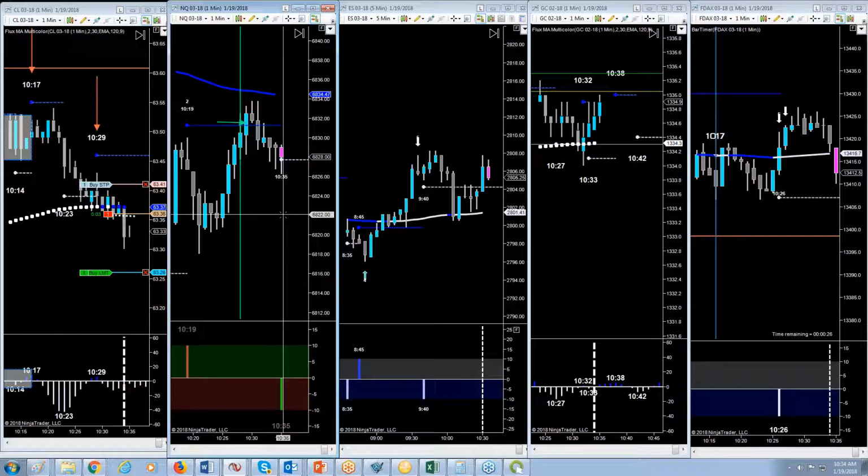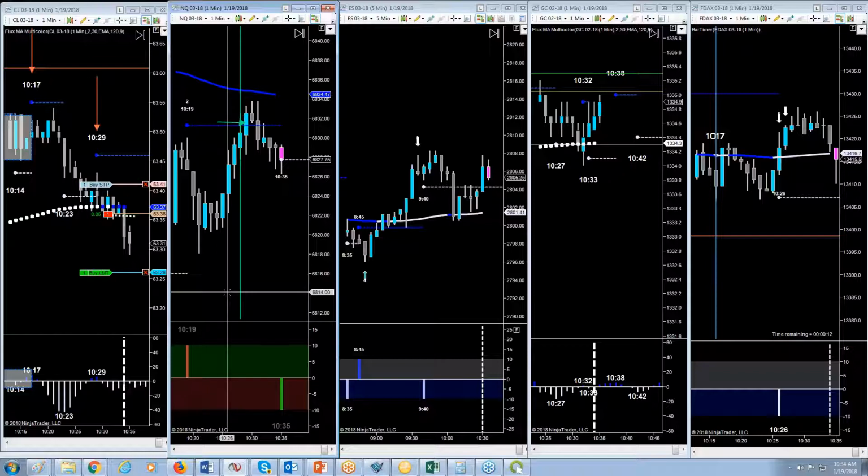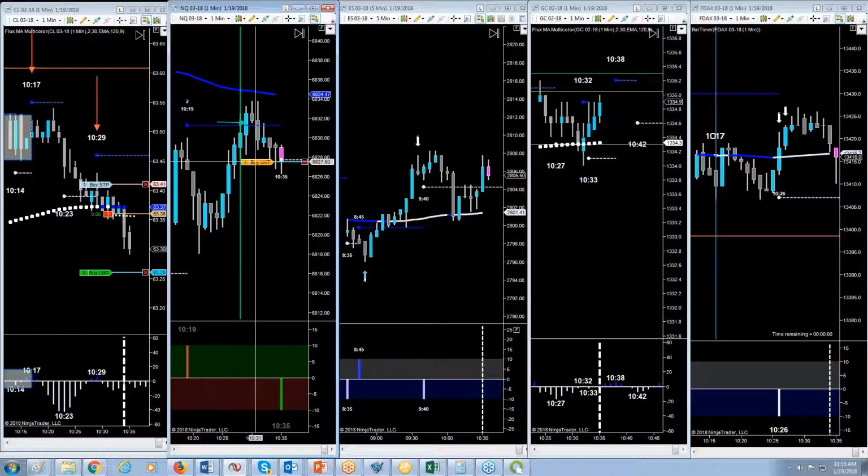So 1035 may be a valid trend entry in the sense that this last signal was punctured. So we can try to go for a long in the NQ right here, Dana, at the close in 13 seconds. That would be somewhere in this area, right? Let's see what happens.